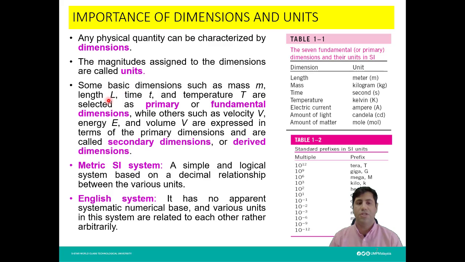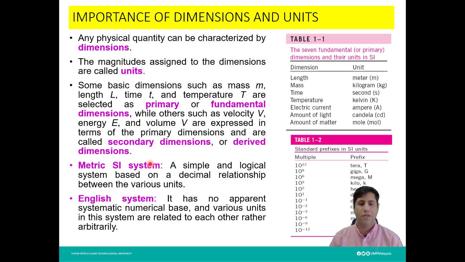The primary dimensions are length, time, and temperature, which you may know. The most famous secondary dimensions, which we will deal with, are velocity, energy, and volume, which are expressed in terms of the primary dimensions. You can see here the 7 fundamental or primary dimensions and their units in SI. Okay, what is SI? We have two different systems.